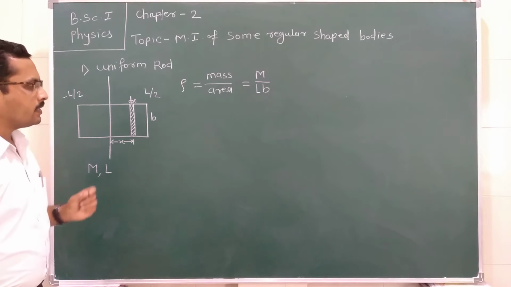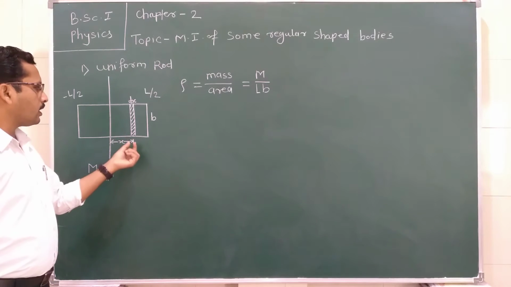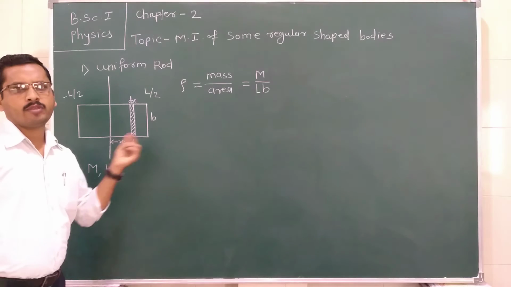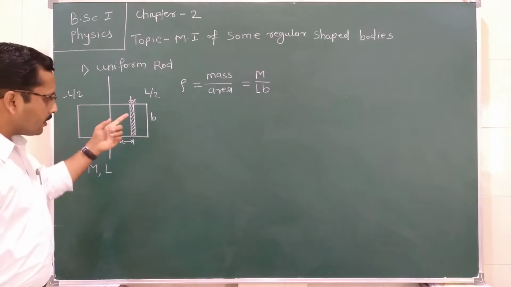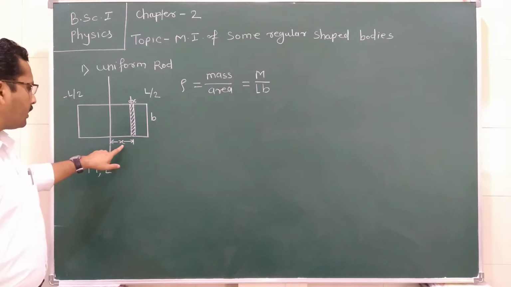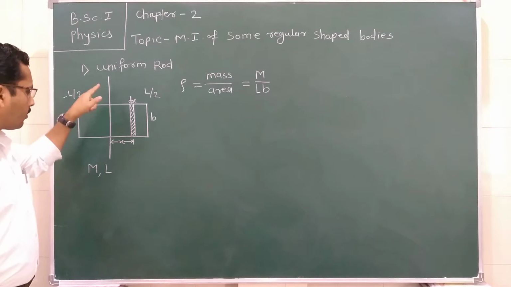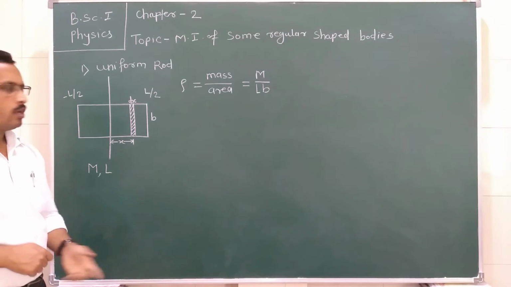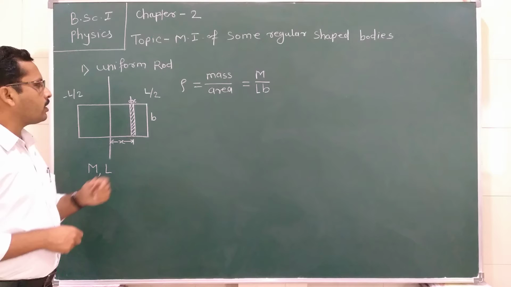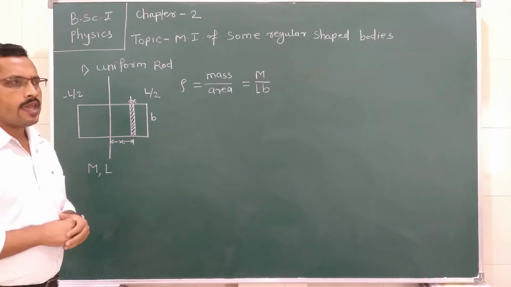Now consider a small strip of this uniform rod having thickness dx situated at a distance x from this axis of rotation. Why are we considering this small strip dx?